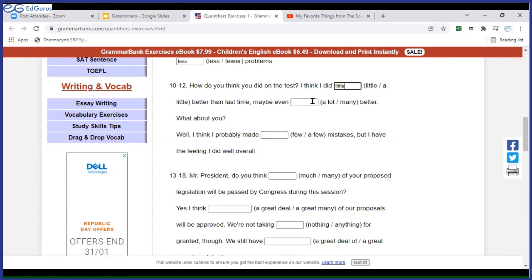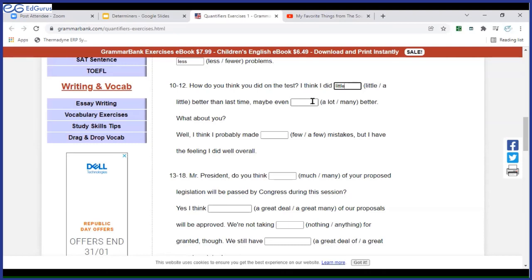A little is usually used for the negatives, right? For example, you said, I think I did little better. But if we have taken up the negative sense, then it will be, I think I couldn't do a little better, right? I did little better, but I could do a little better.